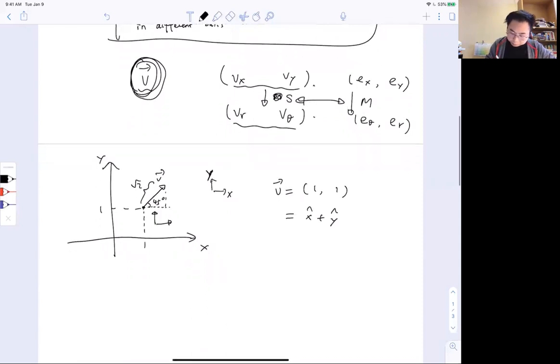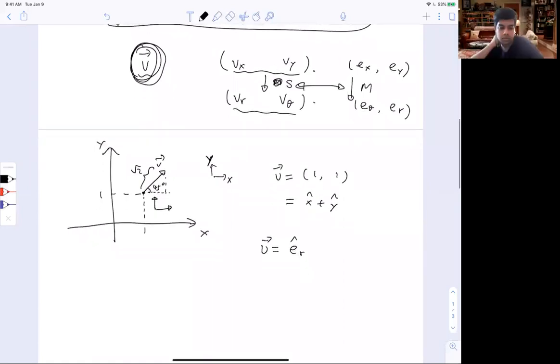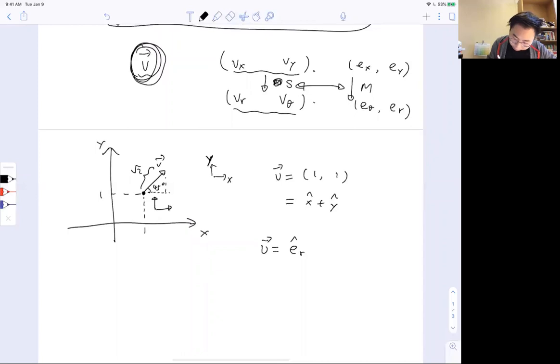However, if you decompose this vector in the polar coordinates, you will get square root of 2 e_r. There's no theta component because at this point, the coordinate looks like this. This is e_r, this is e_theta.